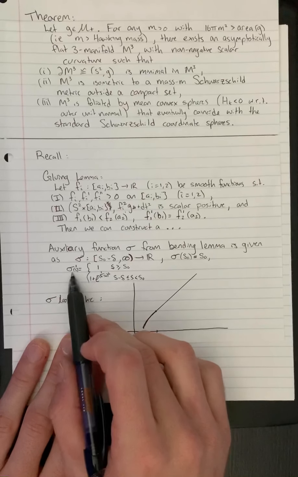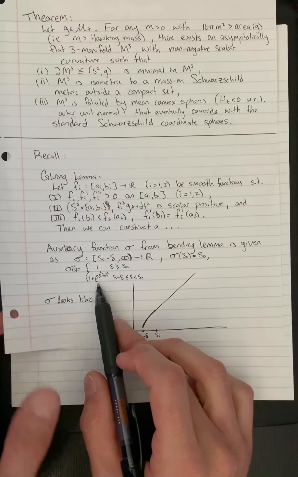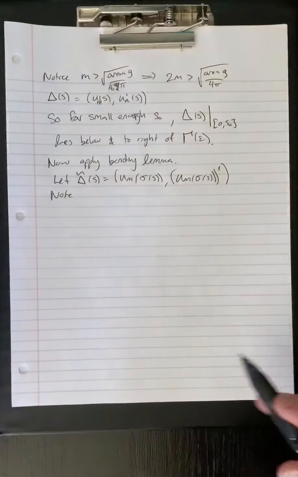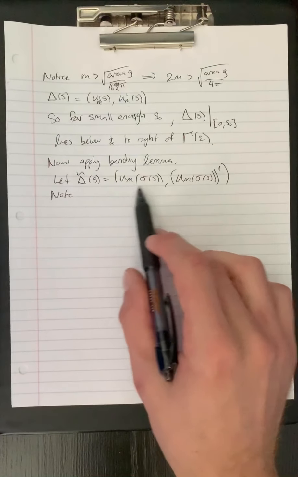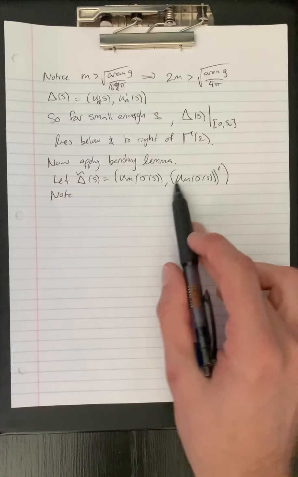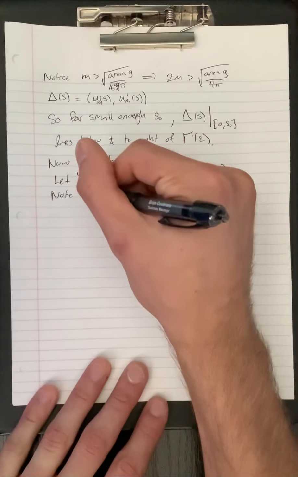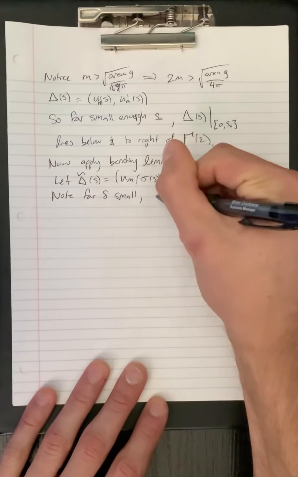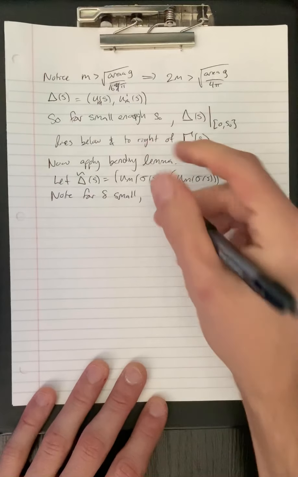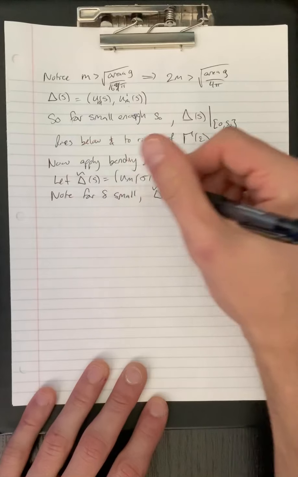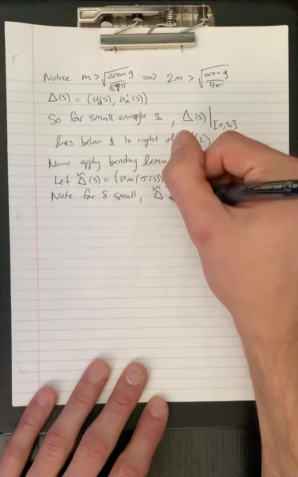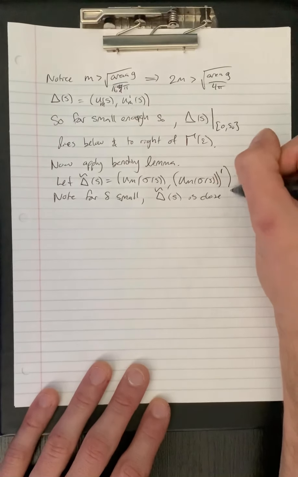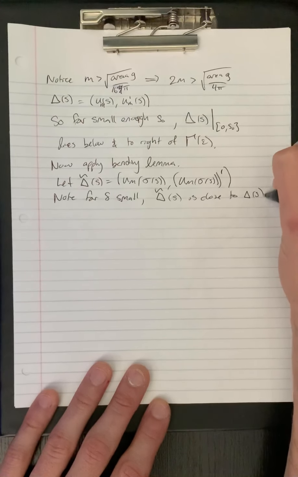I wanted to note that sigma really isn't changing very much. As long as we choose delta to be small, this is just basically the identity function on S. So this is not really changing very much. So for delta small, delta tilde, well, this is confusing, there's more than one delta. Delta tilde of S is close to delta of S.